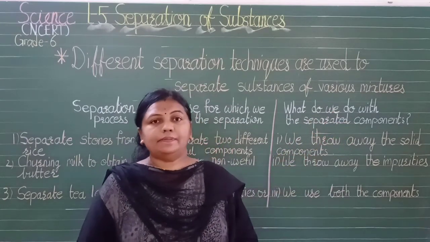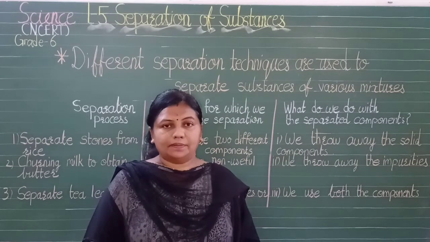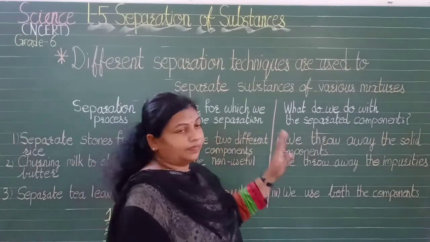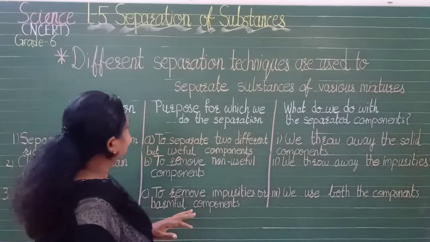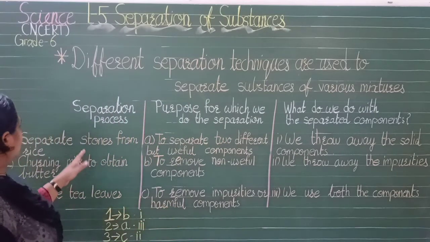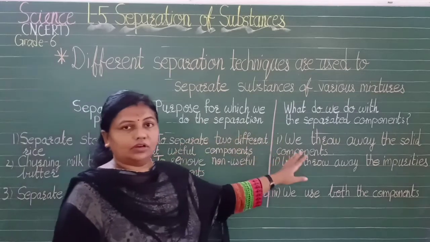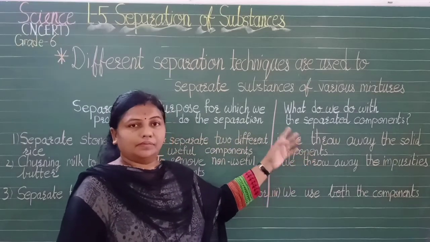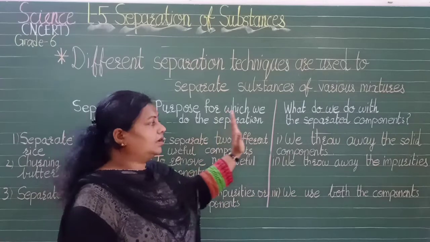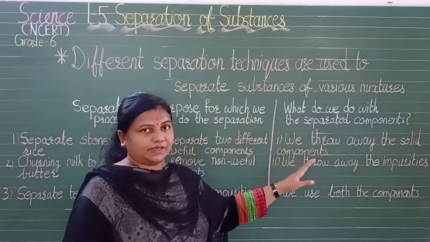After separating, what do we do with those components, that we are going to learn. Now here the first column is proper, but in the second and third columns the answers are mixed up. We have to find the correct answer and match it.